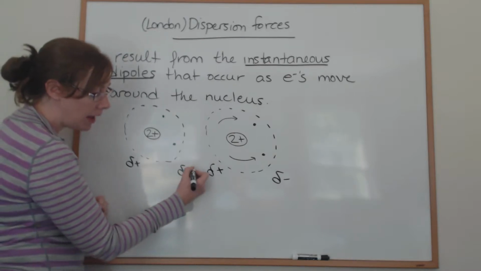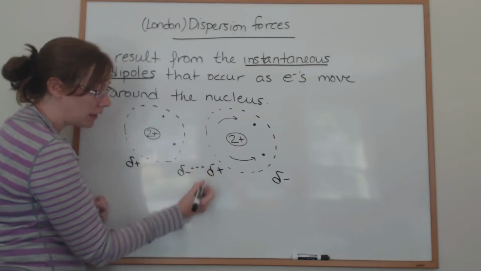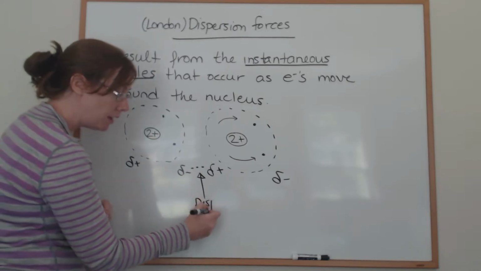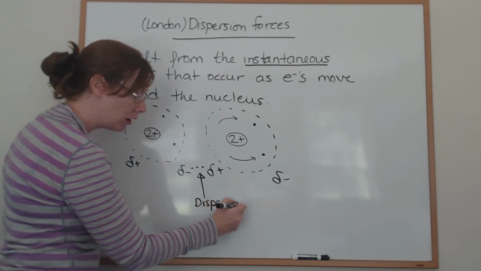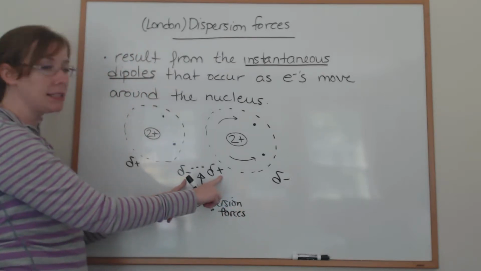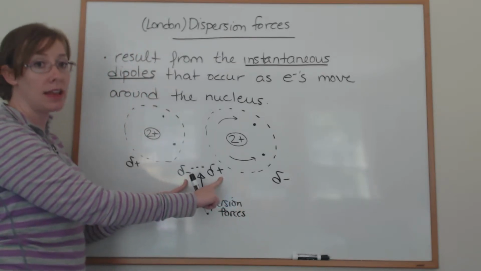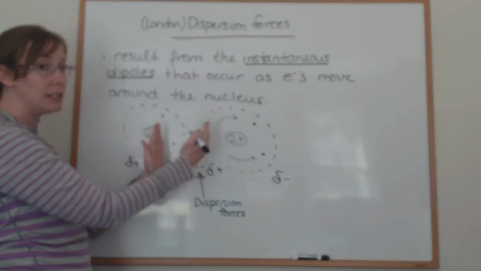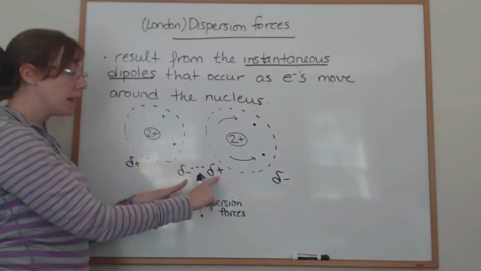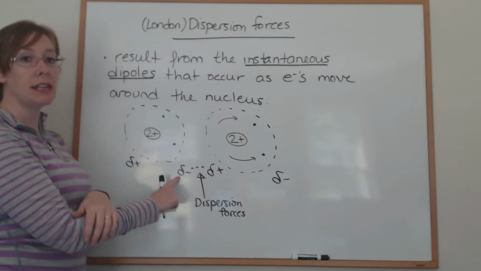Now, here you have the intermolecular force right here. That's your dispersion force, because you have an attraction between a positive and negative charge, and that attraction will hold these together to some extent. Remember, this little curvy d stands for partial.